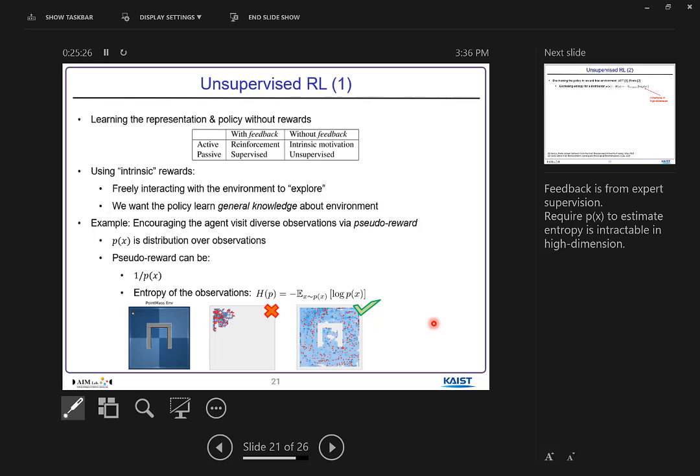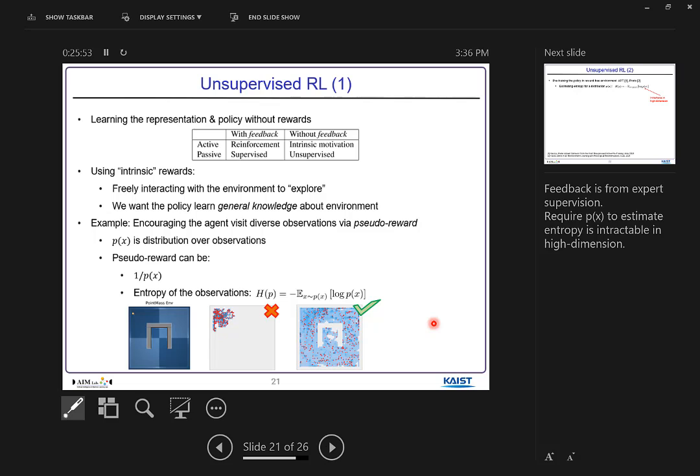In supervised learning, the supervision is the expert label, right? Expert annotation, like the label of which class, cat, dog, and everything. But in reinforcement learning, what's the label? The label is the reward. And unsupervised reinforcement learning means no reward.